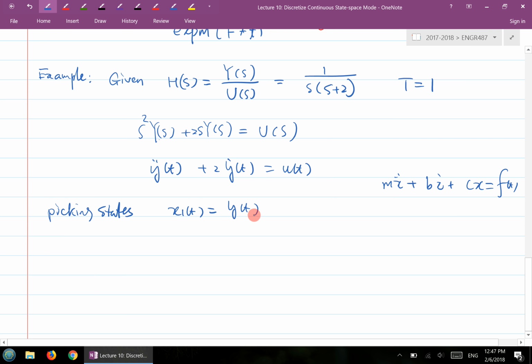The y of t here physically represents the position, because it's the output. Then we pick our second state to be y dot, the derivative of position, which gives us velocity. So we pick two physical states: one is position, the other is velocity.